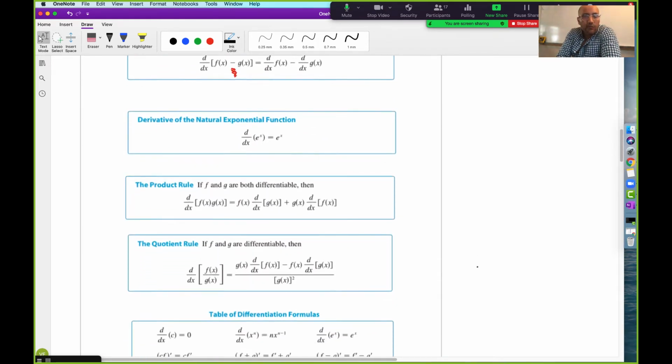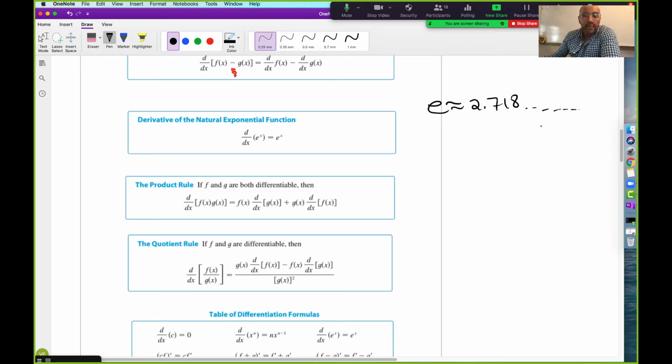Then somewhere along chapter 3, you run into this very important property. The derivative with respect to x of the function e to the x is equal to e to the x. That's what's important about this number, the number e. Remember, e is an irrational number. e is approximately equal to 2.718, and it goes on forever. It never repeats.